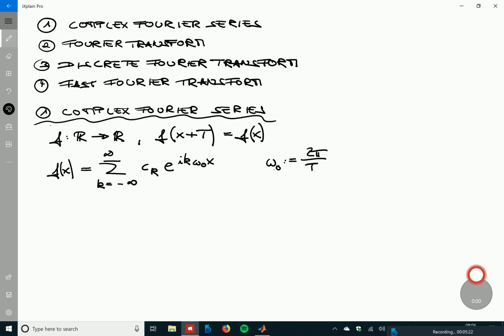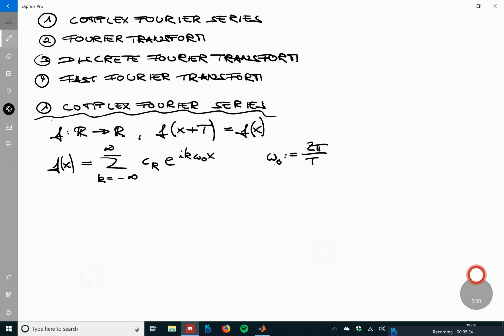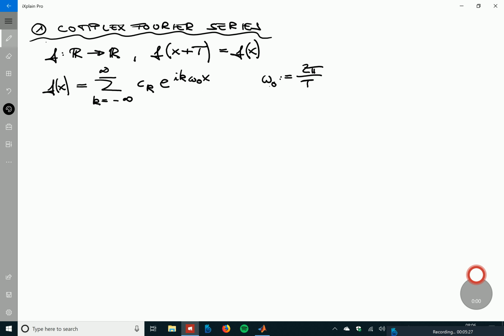And then last time what we actually did is to derive the whole thing if we define the c_k in terms of the coefficients of the real Fourier series, and this was done as follows. For k being smaller than 0, we defined in terms of the a_k and b_k of the real Fourier series, we defined c_k as 1/2 (a_{-k} + i b_{-k}).